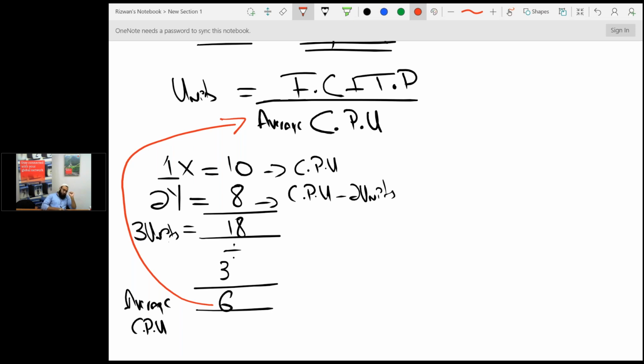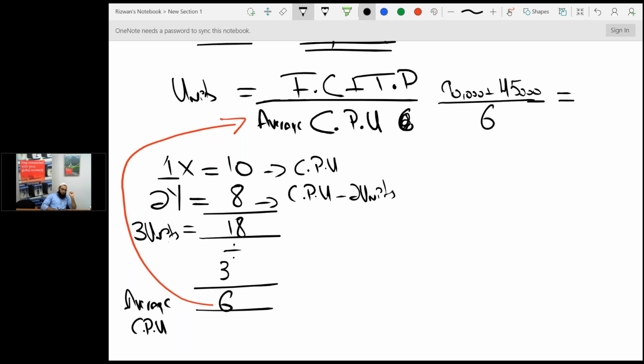So it will be 6 here. The fixed cost is 90,000. The target profit you need to achieve is 45,000. And the average contribution per unit is 6.